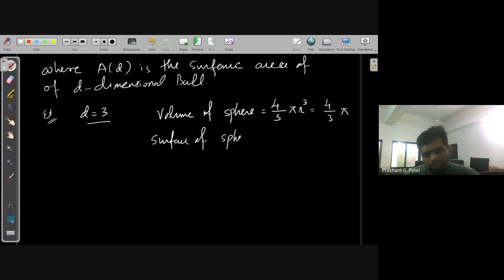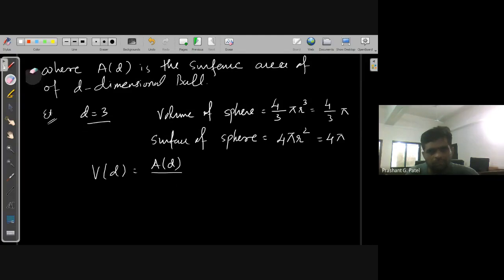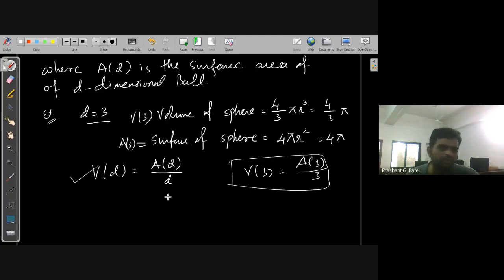The surface area of the sphere is 4 pi r squared, and with r equal to 1 it is 4 pi. Previously we have the formula Vd equals Ad upon d. Here d is 3, so A3 is 4 pi and V3 is 4 by 3 pi, which satisfies V3 equals A3 upon 3.